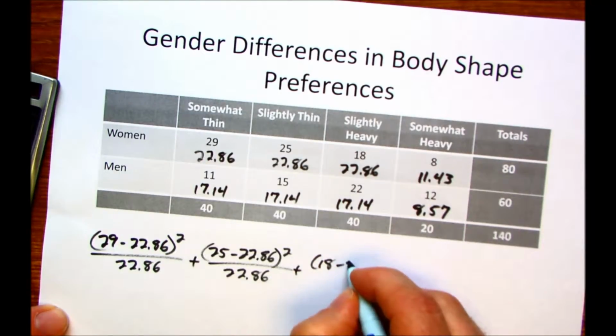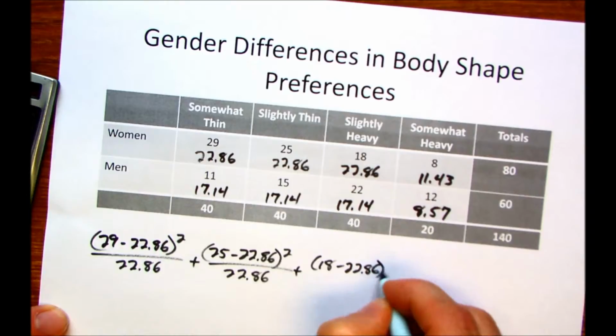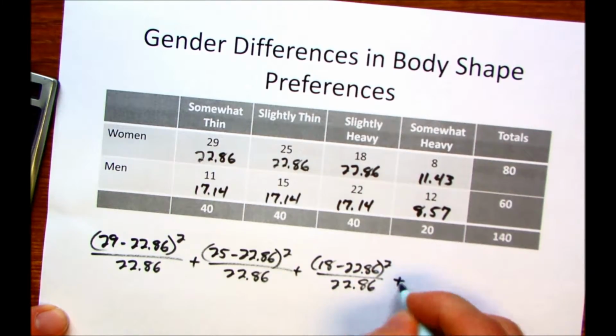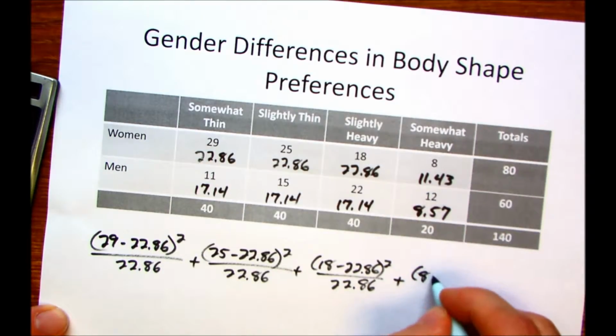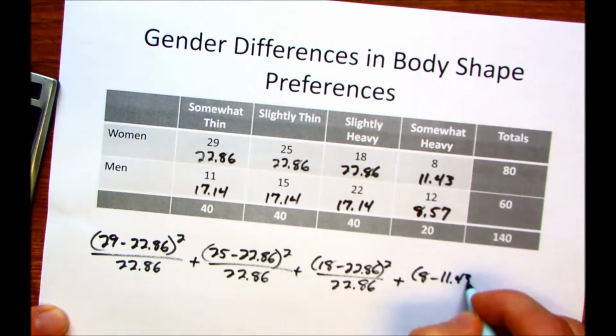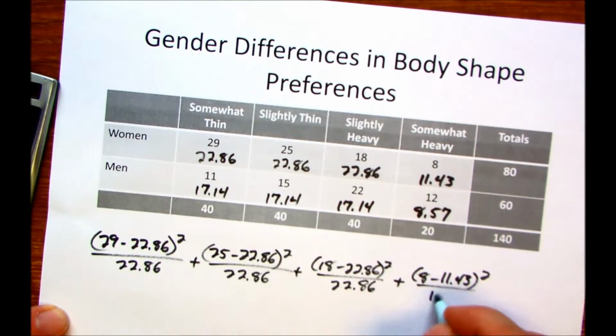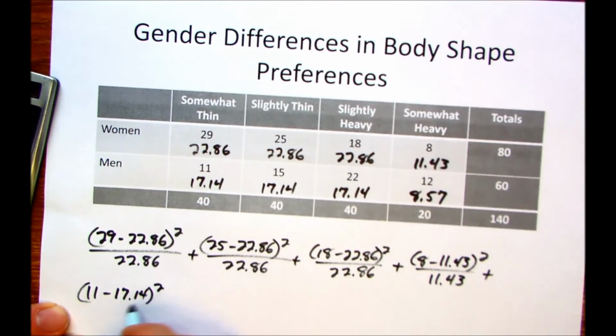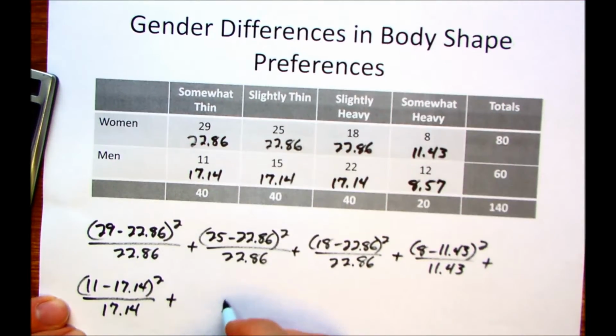Then 18 minus 22.86 squared divided by 22.86, plus 8 minus 11.43 squared divided by 11.43, plus 11 minus 17.14 squared divided by 17.14, plus 15 minus 17.14.